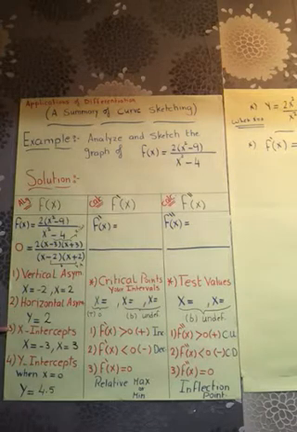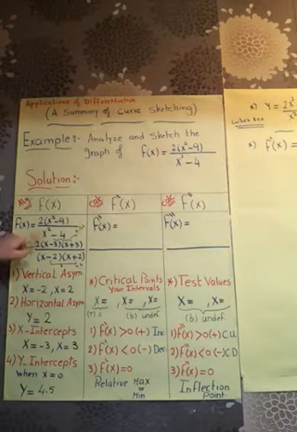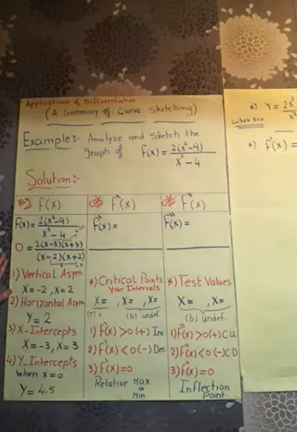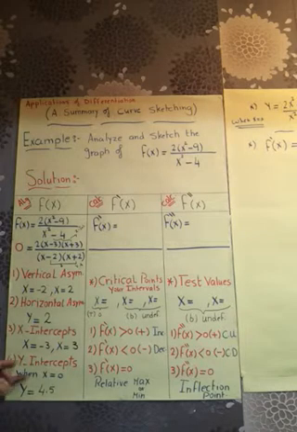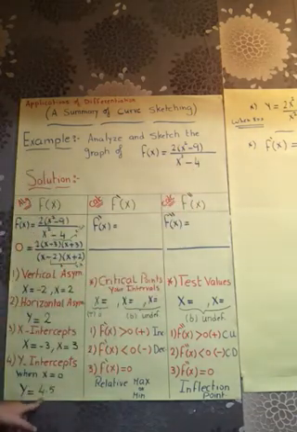The third part, x-intercepts, and we can find the x-intercepts from the top, the zeros of the top. And finally, number 4, y-intercepts, you have to plug in 0 in the main function here, so you can get y equals 4.5.